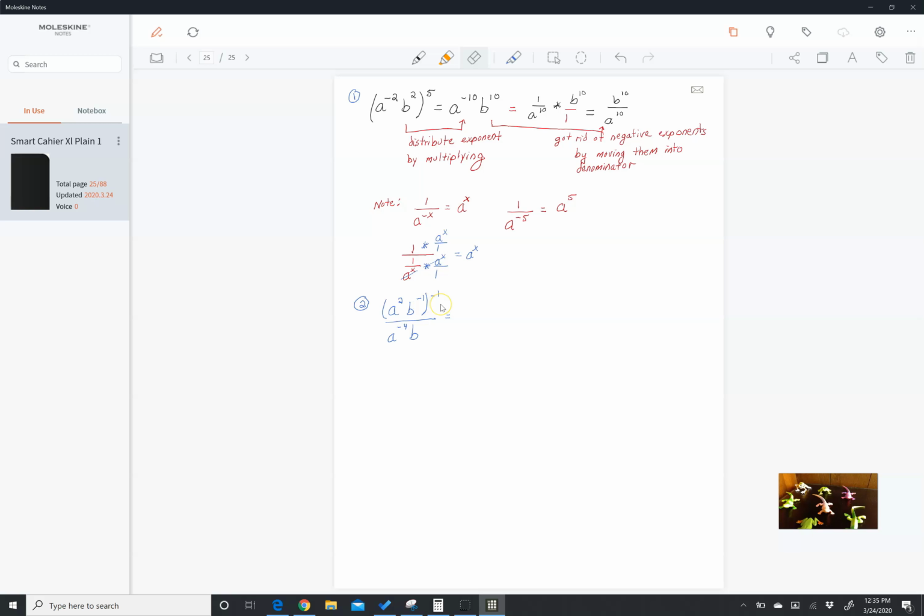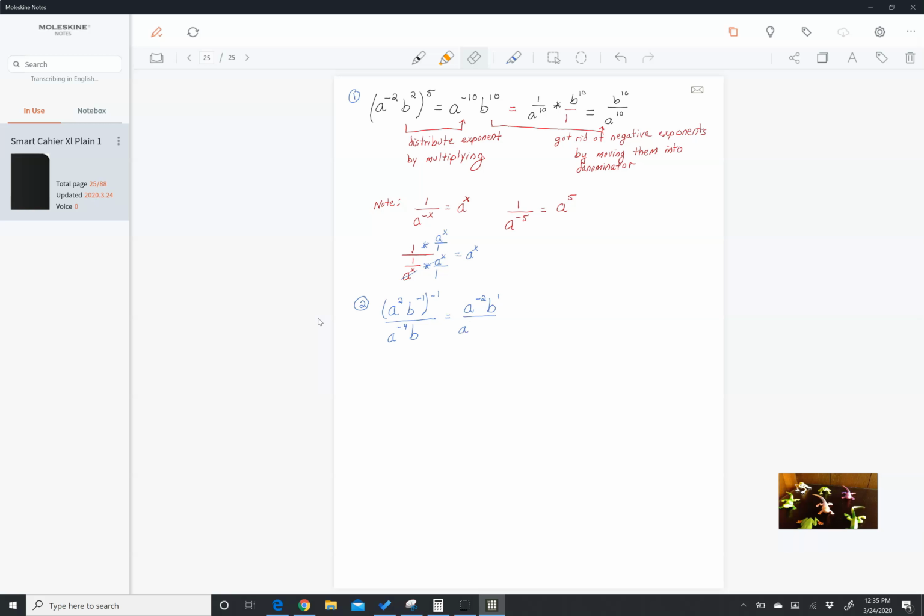So our goal is going to be the same. I'm sorry, I should have put this in black, but it doesn't matter so much. We want to get rid of exponents first. So we see a negative 1 out here. The way that we get rid of the exponent is we distribute it. Okay, so we wind up with a to the negative 2, b to the positive 1. You don't have to write the 1. I'm writing the 1 here just so that you see that it's there.